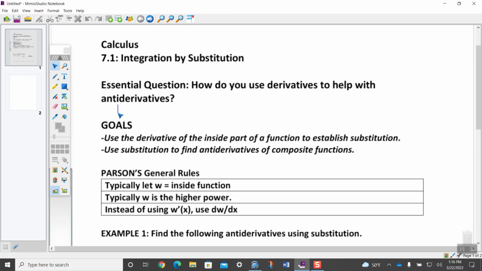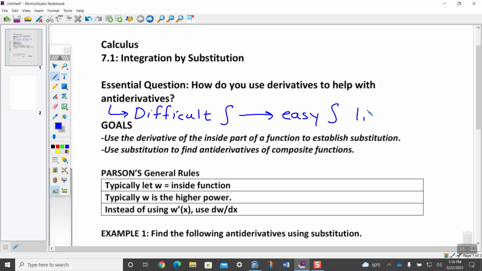We want to take, this is what we're really doing today, okay? And maybe write this down. We want to take a difficult antiderivative, if I put this symbol right up here for antiderivative, I want to take it, I can't even spell today, difficult. There we go. Take a difficult antiderivative and turn it into something that's easy.